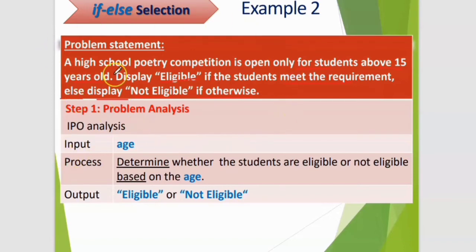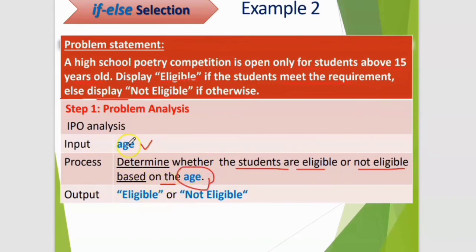The input is age. You don't write students, you must write exactly what the input is. For process, explain what problem is to be solved: determine whether the students are eligible or not eligible based on the age.